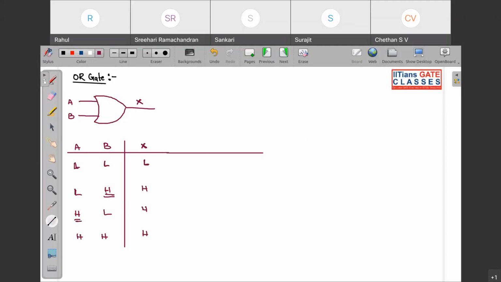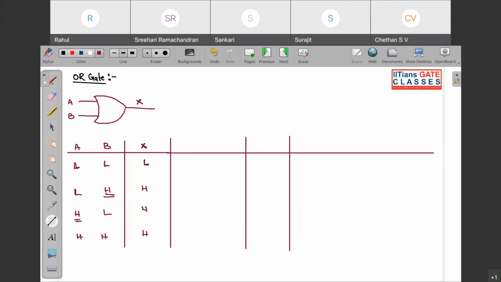If you want to draw the truth table in positive logic, it will look like this. So this will be 0, this will be 1, 1, 1.